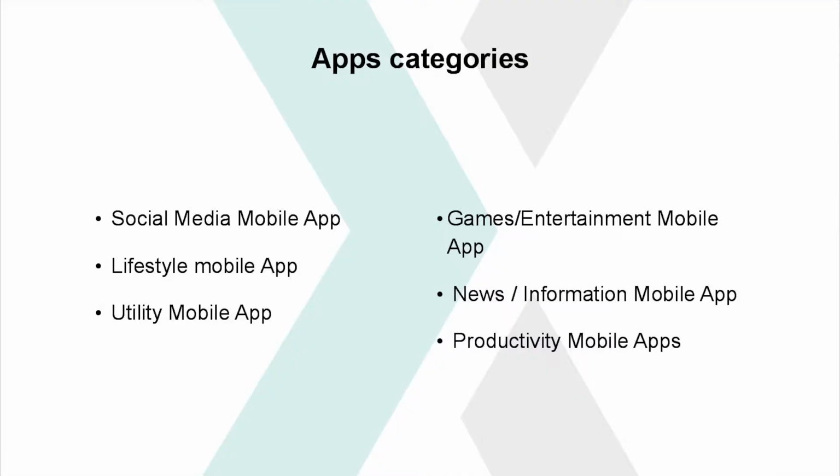The next type is a lifestyle mobile app. For example, a lot of us now are leading a really healthy lifestyle, so we would like to run and measure our time. So we are using apps like Runkeeper and other applications which are, let's say, even counting our heartbeats.